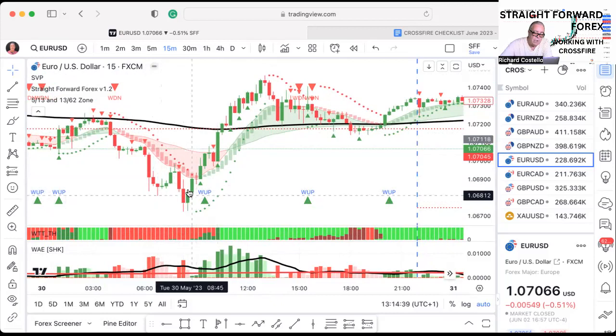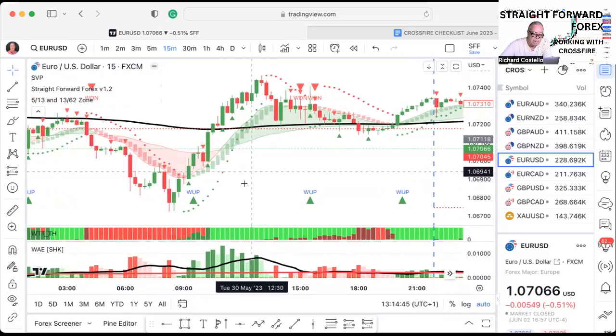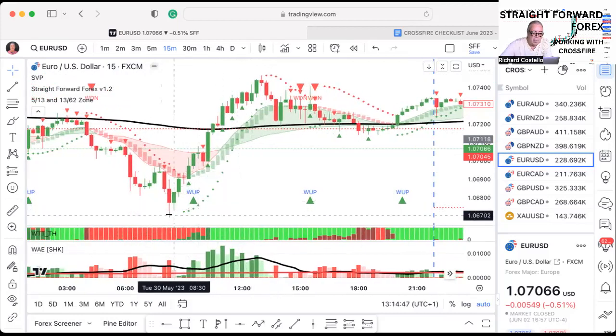But look at the large wick above and the large wick below. It's a worry that price might be getting as low as it's going to go, and sellers are trying to push it down, but buyers are saying no, we're not having that. We're not having price go any lower than that.